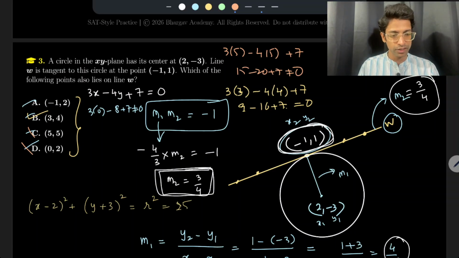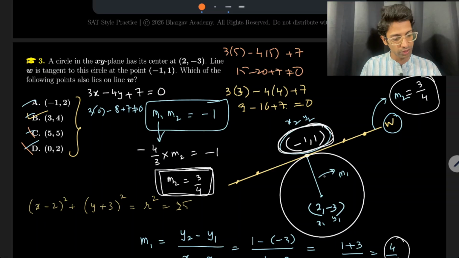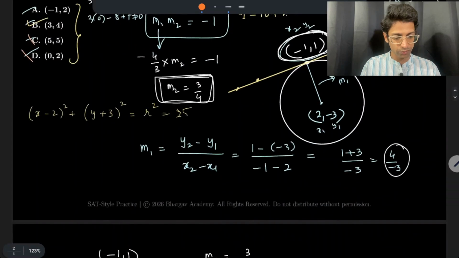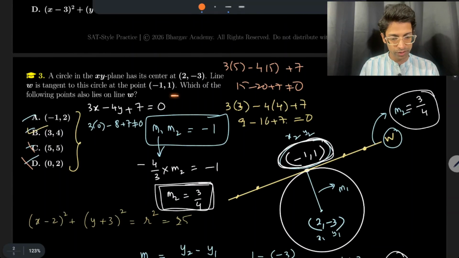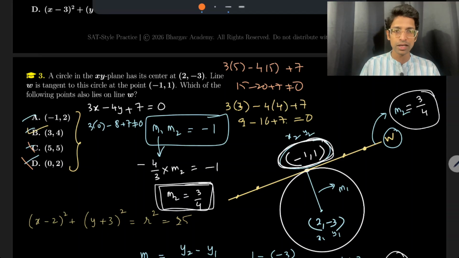The key point that you have to remember is this: we found the slope of this line using this relation, and then we found the equation of this particular line W. After we found the equation of this line W, we substituted all these 4 points and checked which of the points satisfy this particular equation, and from there we figured out the answer.